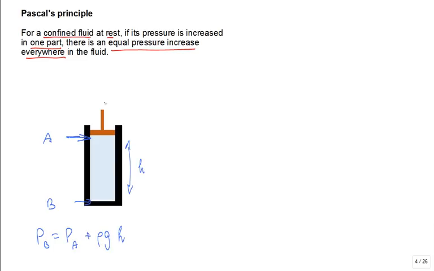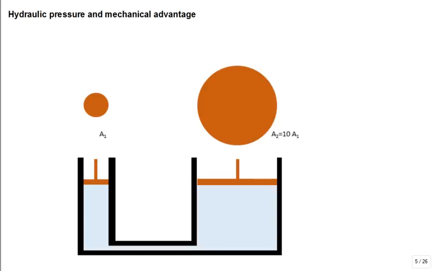But if I push down on the piston to boost the pressure underneath the face of the piston, that boost in pressure is experienced also at B. This is a principle of hydraulic systems. Okay? Hydraulic systems.